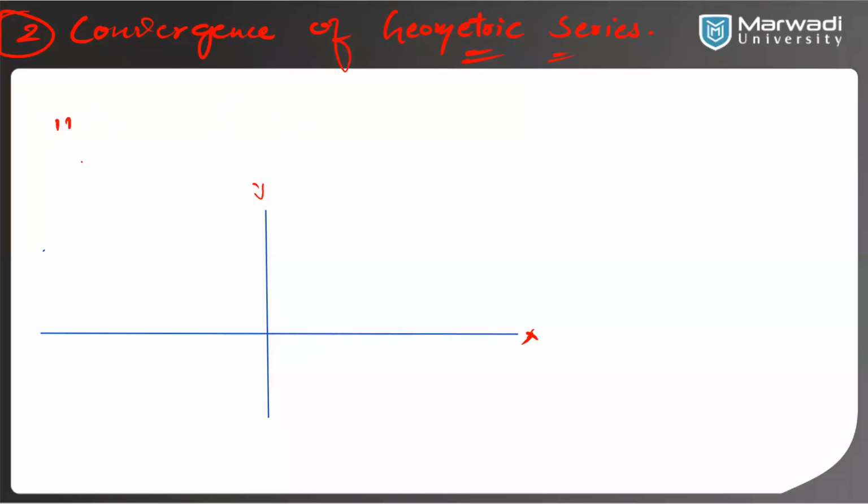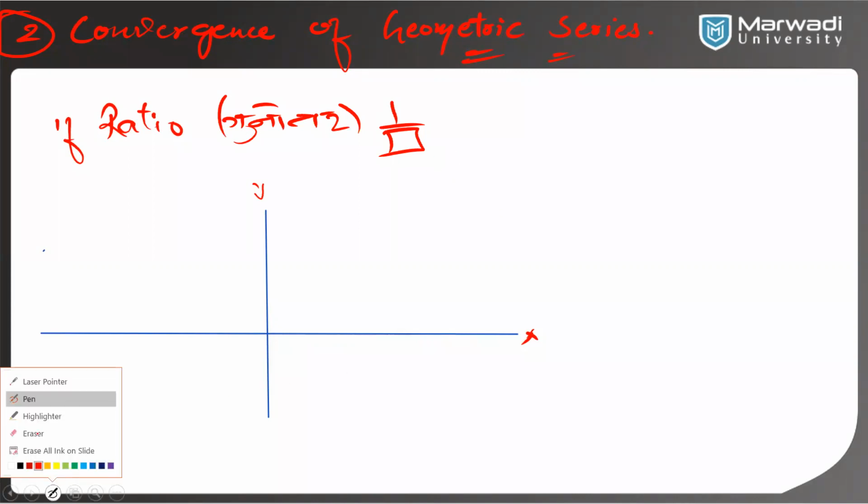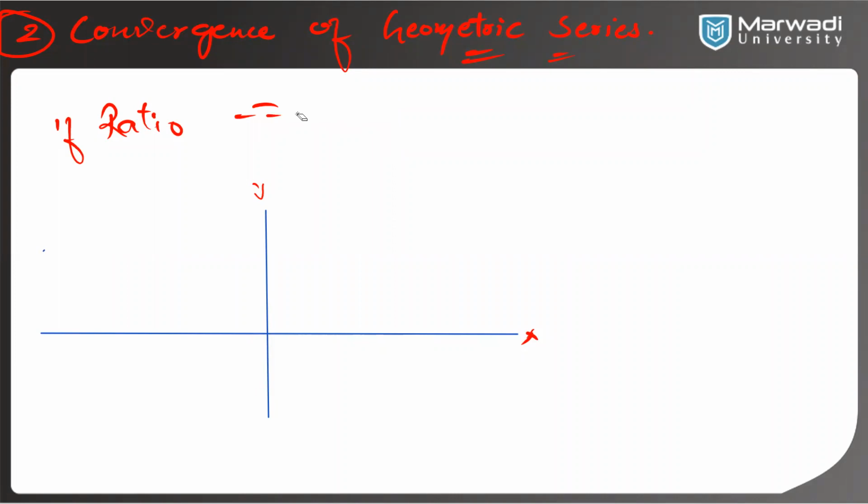That if a ratio, that is called ratio, that is गुणोत्तर. वो 1/, आप लिखते हैं ना, that is ratio. And that ratio is denoted by small r. उसको small r से denote करेंगे.